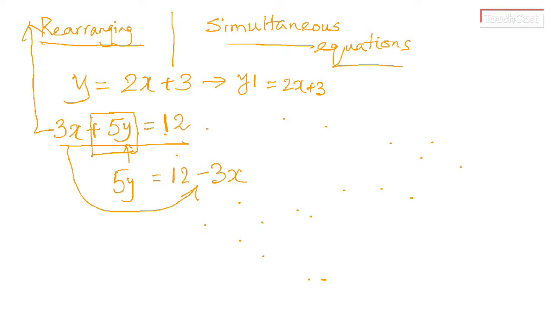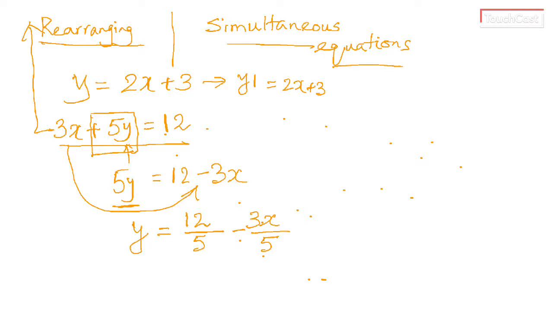Now we do not want 5y, we want only y by itself on the left hand side of the equal sign. So we can divide 12 by 5. That means individually, term by term, I'm dividing both the terms.